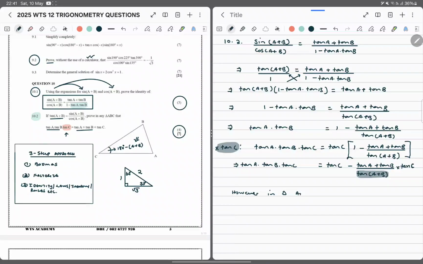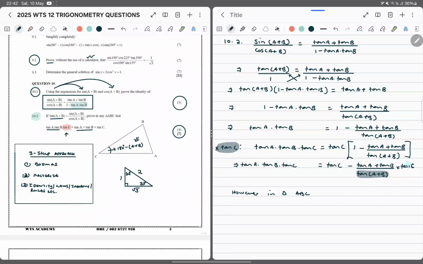in triangle ABC, we know and appreciate that, but I'm not quite happy here. Okay, but we're going to be strategic.